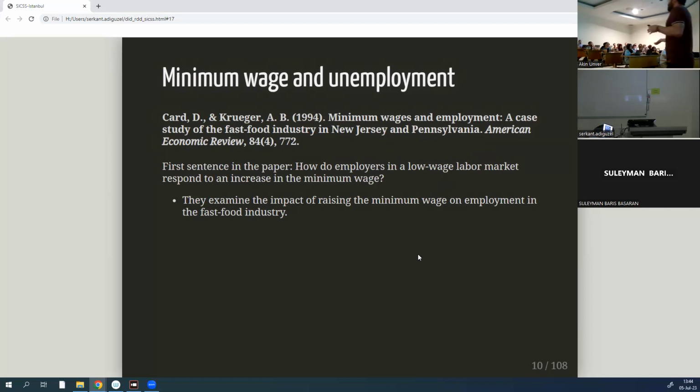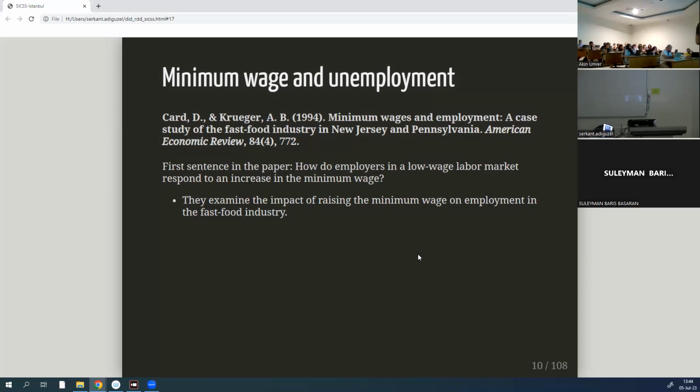If you ever take Econ 101, supply and demand, the very simplistic answer is going to be, if you increase minimum wage, then unemployment will rise, right? But if you look at empirical studies, there is no evidence. Actually, I think this is the first paper that tries to answer this in a credible manner.